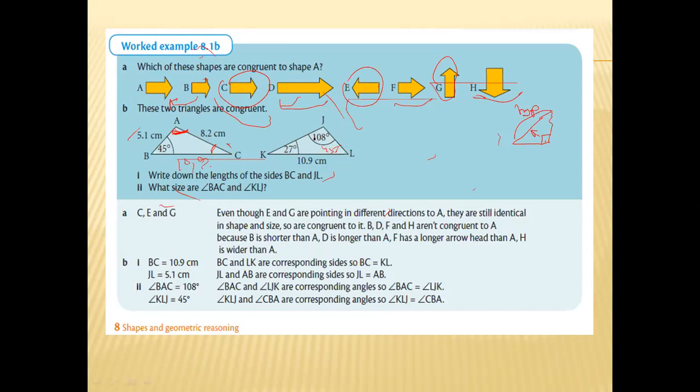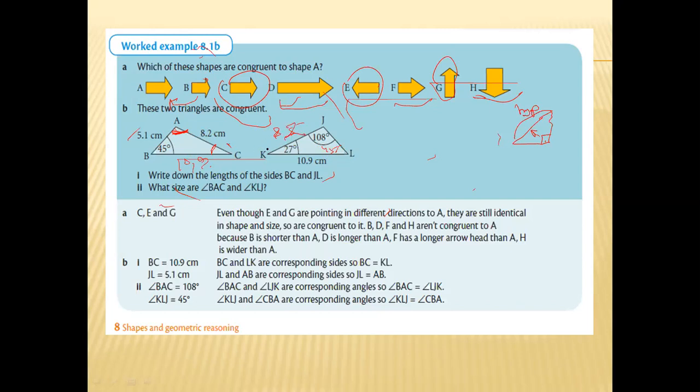That's why 108 plus 27 is 135, plus 45 is equal to 180. So it is the second longest angle, and here also we can see the second longest angle 45, whose opposite side is 8.2.